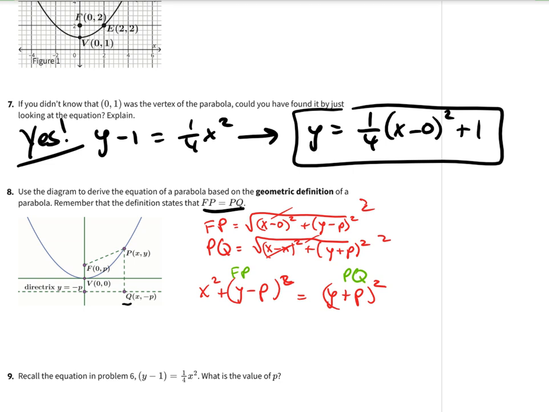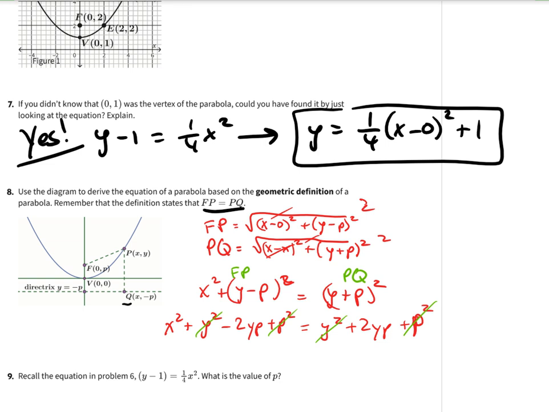All right, we can FOIL this out. We get x squared plus y squared minus 2yp plus p squared, equals the other side, y squared plus 2yp plus p squared. All right, now we can go about canceling stuff. The y squareds go away. The p squareds go away.